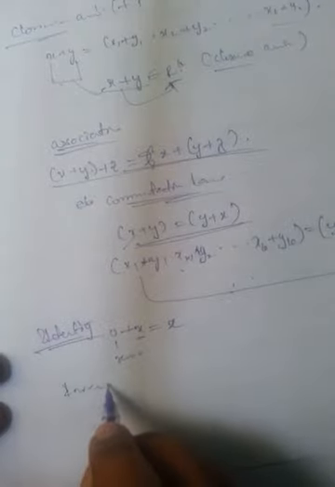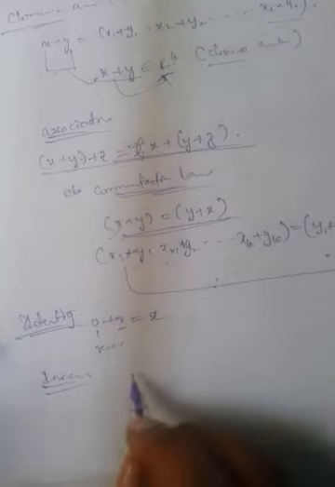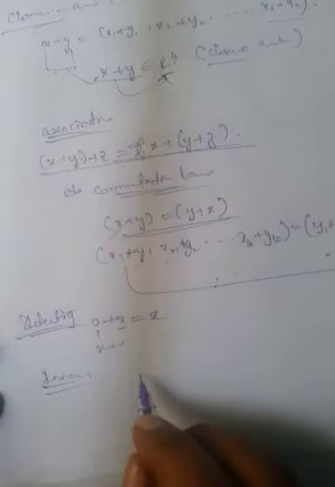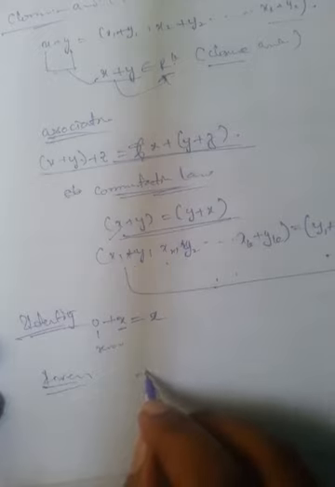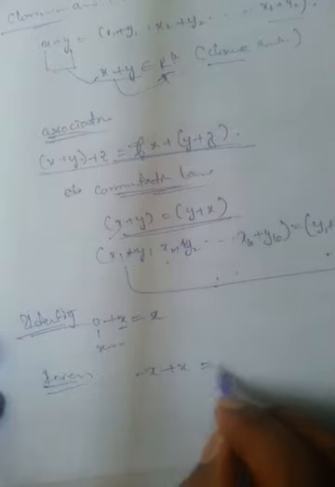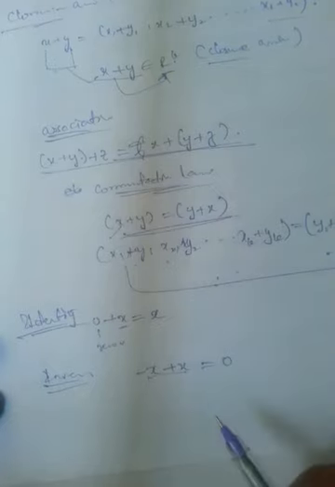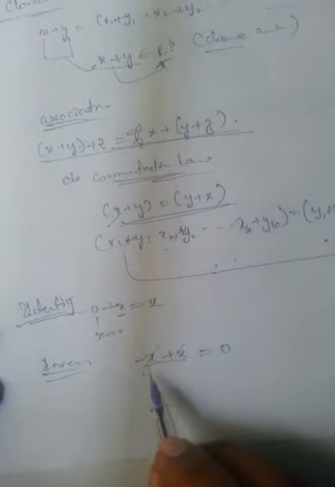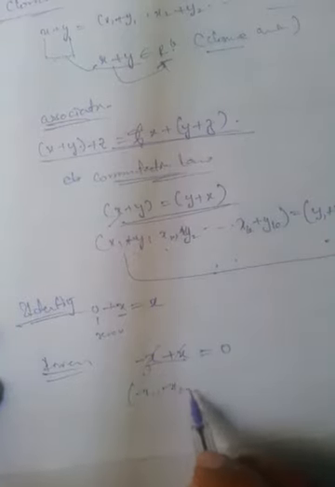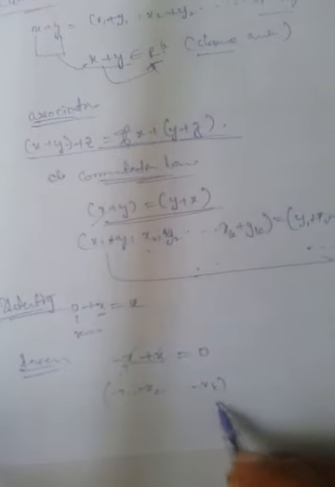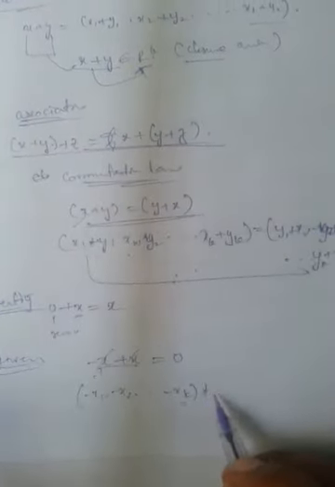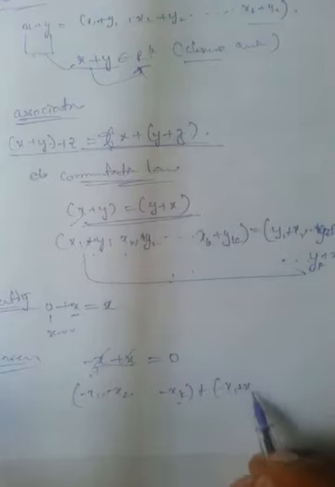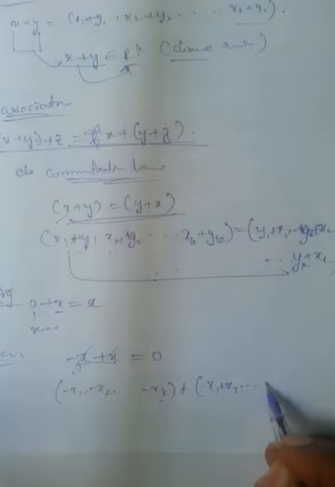Now one last thing, that is inverse. We have to check whether the inverse exists or not. We can write, for example, minus x plus x will give you the 0 vector, right? We're just adding and subtracting x. So we can say that there is a vector minus x1, minus x2, and so on, minus xk. If you're considering k-tuples, you can add this with plus x1, plus x2, and so on, plus xk.